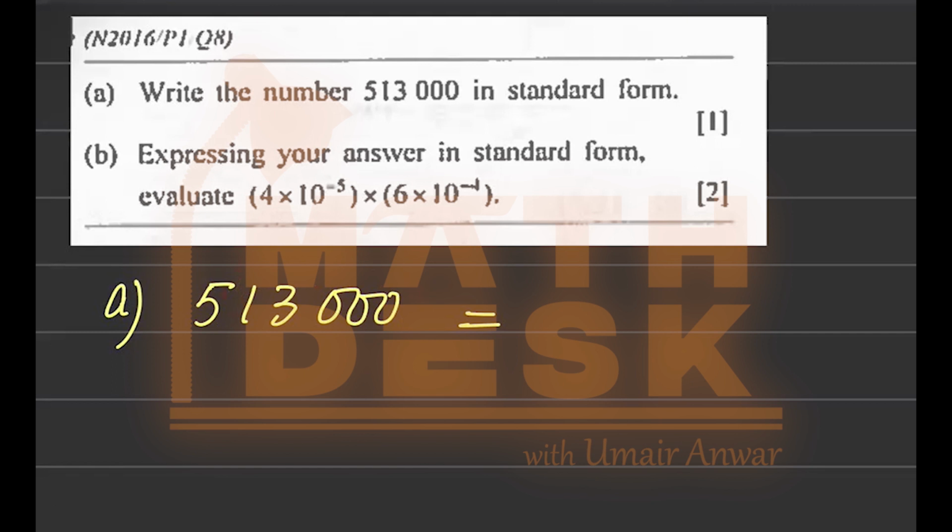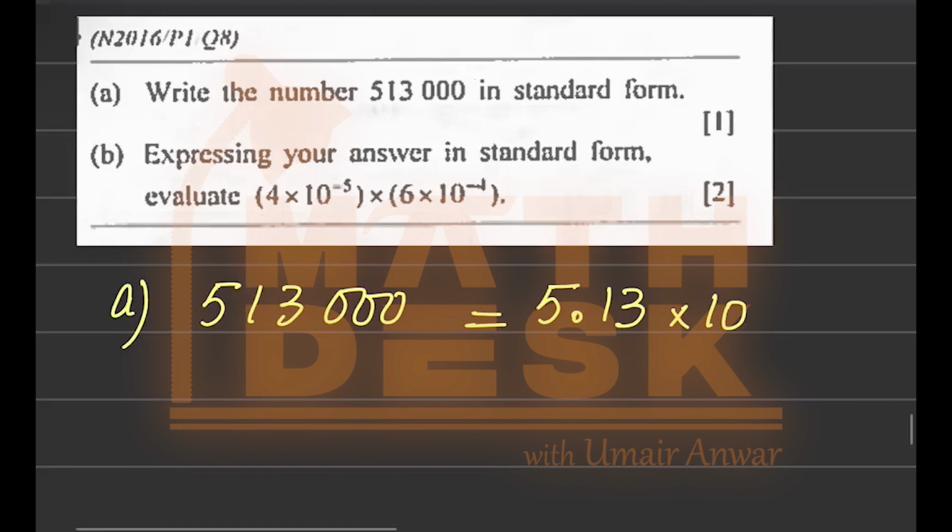So I have to write it 5.13, and I can leave these zeros. These zeros, if they are not written, since they are after the decimal point, won't make any difference. And since I've moved 5 digits to the left, the power should be positive and should be written as 5. So this is how we convert this number into the standard form.